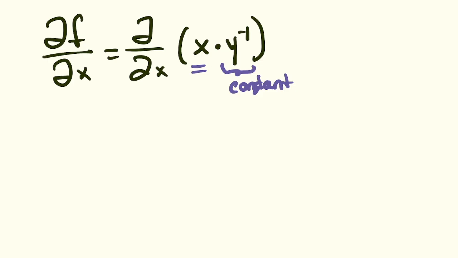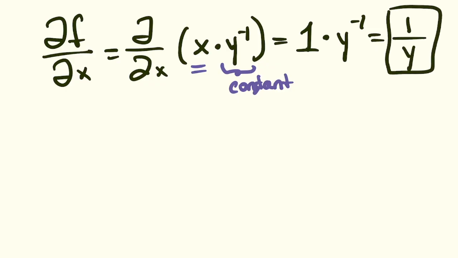There we go. And when we do that, derivative of x is just 1. And our y inverse comes along for the ride. We're going to rewrite that as 1 divided by y. So there is our first partial derivative that we are looking for.